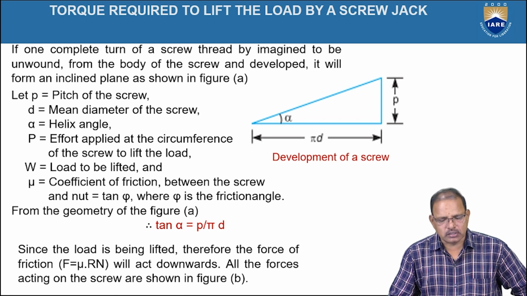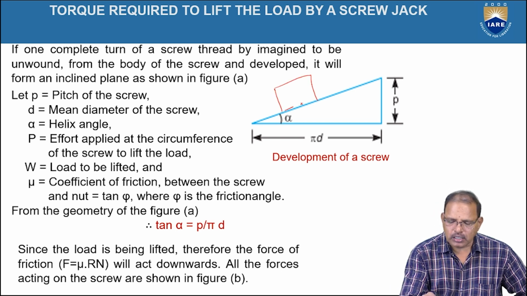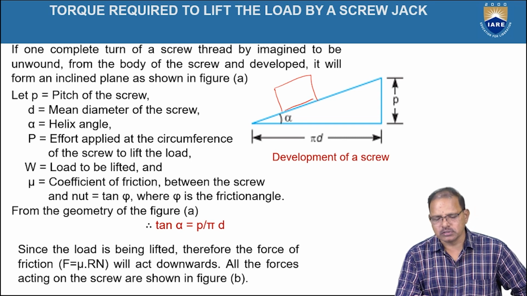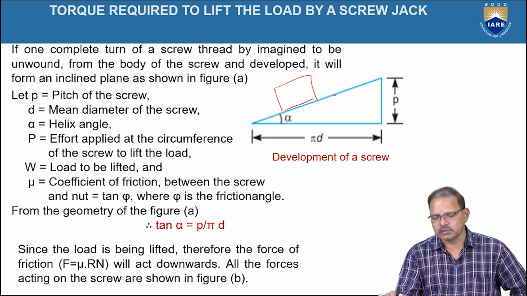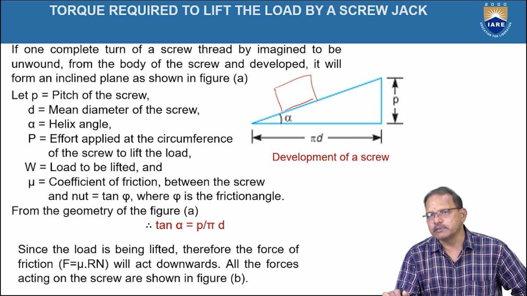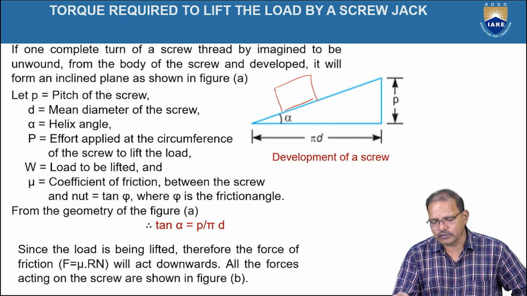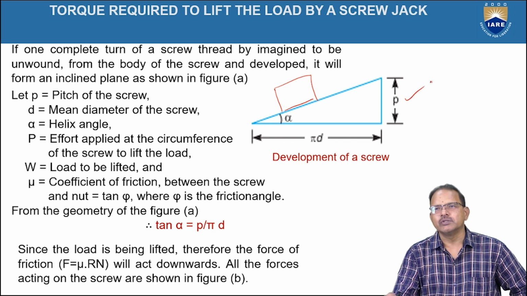Raising the load by using a screw jack is similar to pulling the load over an inclined plane. For one complete revolution, the load is moved a distance of approximately pi d, the circumference of the circle, and the load is raised a height of p as shown in the figure.